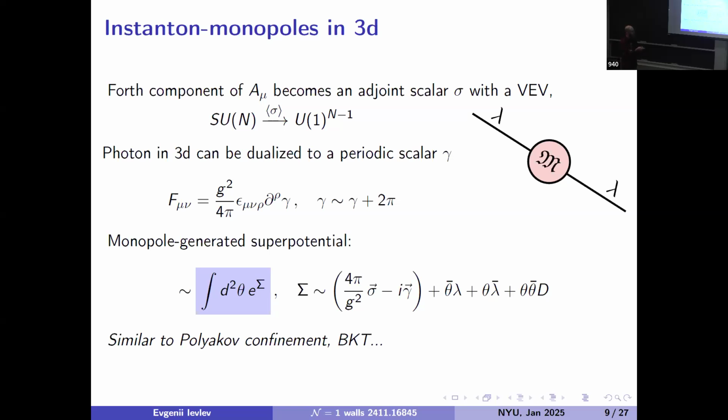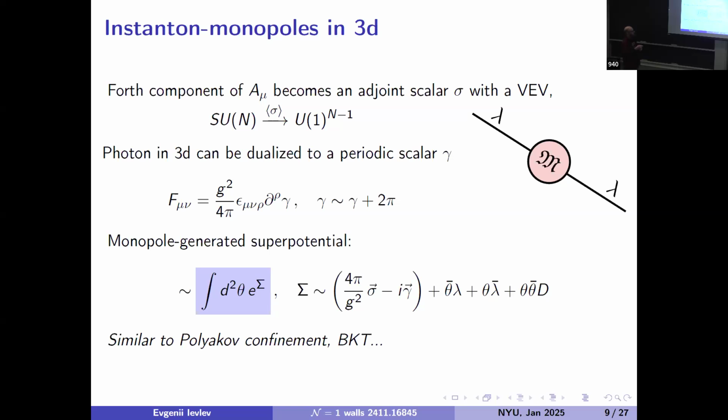And sigma is a superfield, whose lowest component, which is most important for now, is this complex scalar comprised of the two scalars that we saw above. So this adjoint scalar, which comes from the fourth component of the gauge field, and this scalar, which comes from the remaining three components of the gauge field, get assembled together in one complex scalar, and the potential is exponential in this complex scalar.